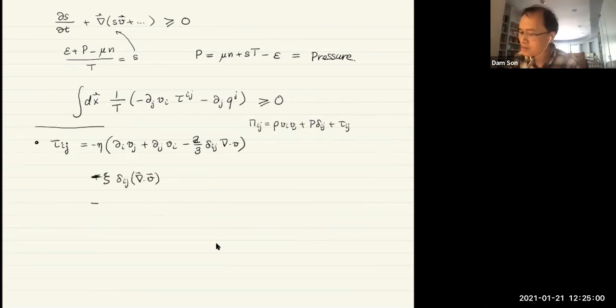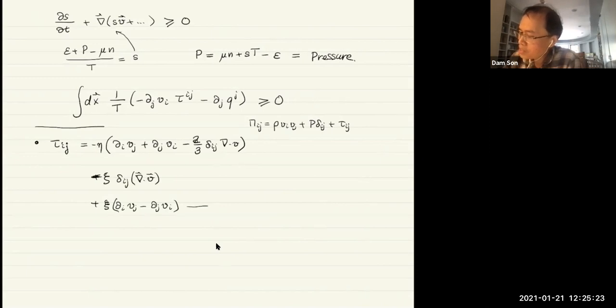Okay, so there's one strange thing you can write here, that is an anti-symmetric contribution to the stress tensor. In principle, at this moment, rotational invariance and Galilei invariance completely allow such a term.